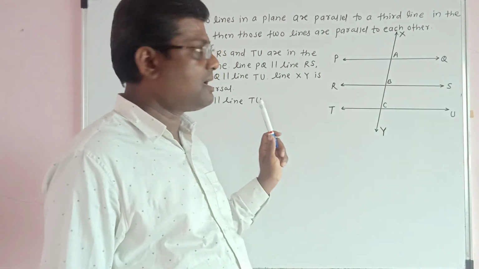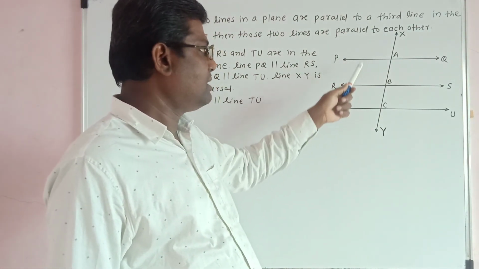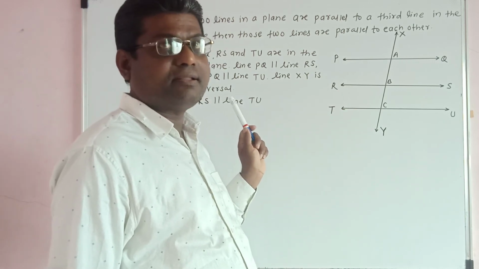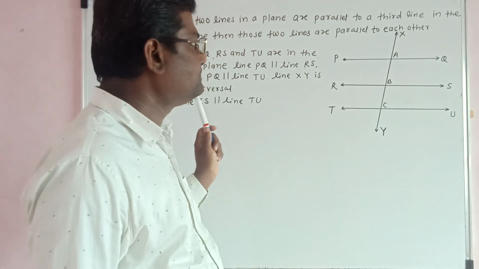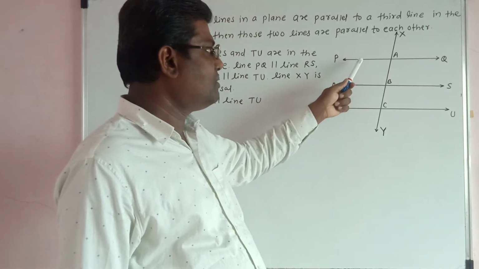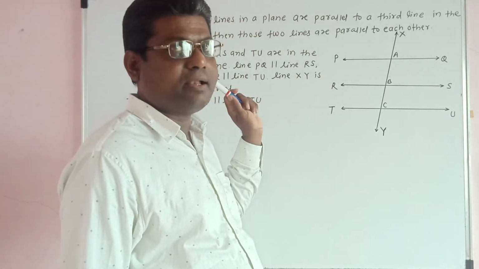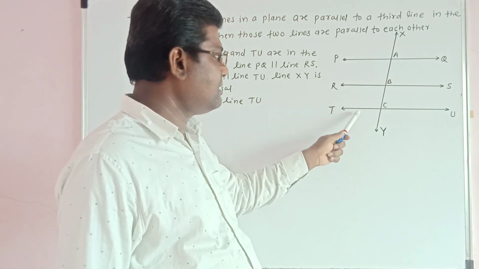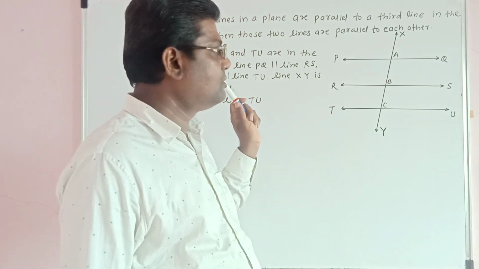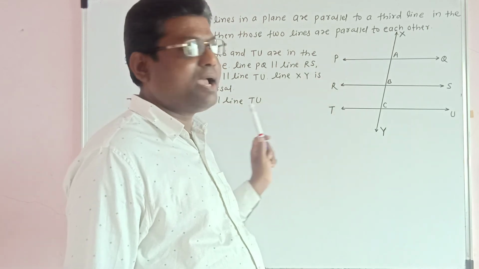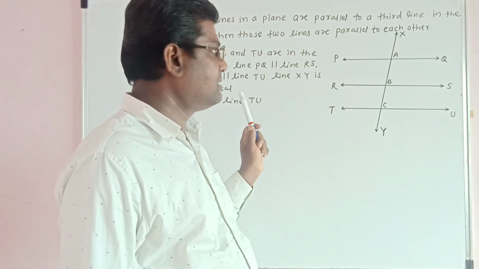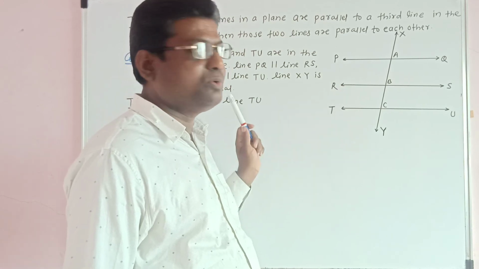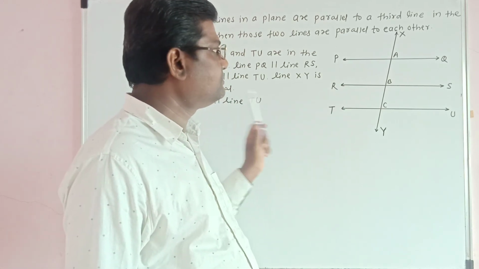Here three lines are given: line PQ, line RS, line TU. These lines are in the same plane, and line PQ is parallel to line RS. Also, line PQ is parallel to line TU, and line XY is their transversal, and we have to prove that line RS is parallel to line TU.